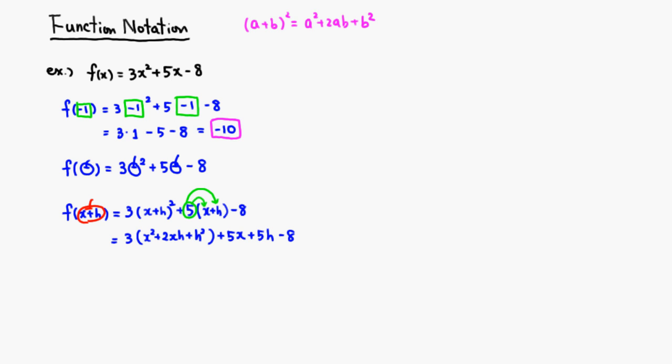Now we distribute 3 to x squared, we get 3x squared. Then we distribute 3 to 2xh, we get 6xh. And then we distribute 3 to h squared, we get 3h squared.